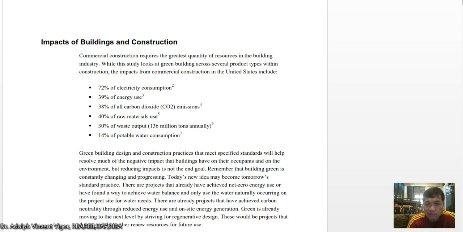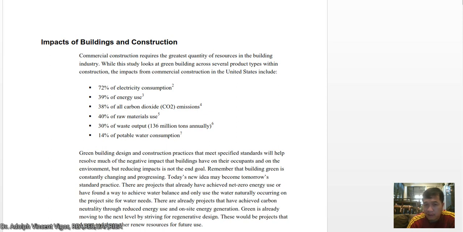While this study looks at green building across several product types within the construction, the impacts from the commercial construction in the United States, and this data is just from the United States, include 72% of electrical consumption, 39% of energy use, 38% of all carbon dioxide emissions, 40% of raw materials use, 30% of waste output, which is 136 million tons annually, and 14% of potable water consumption.